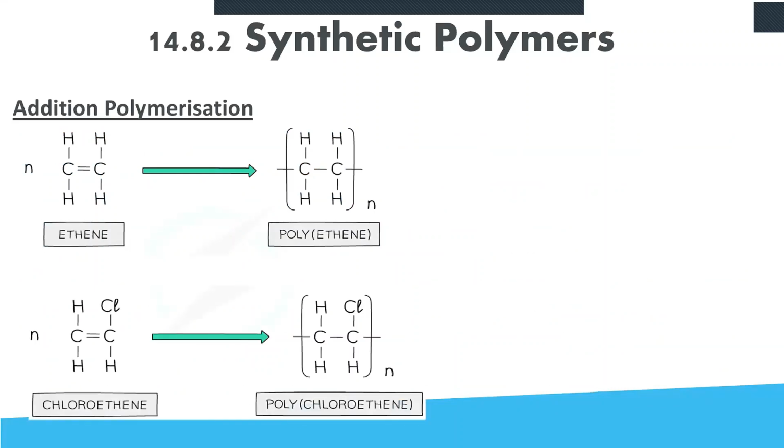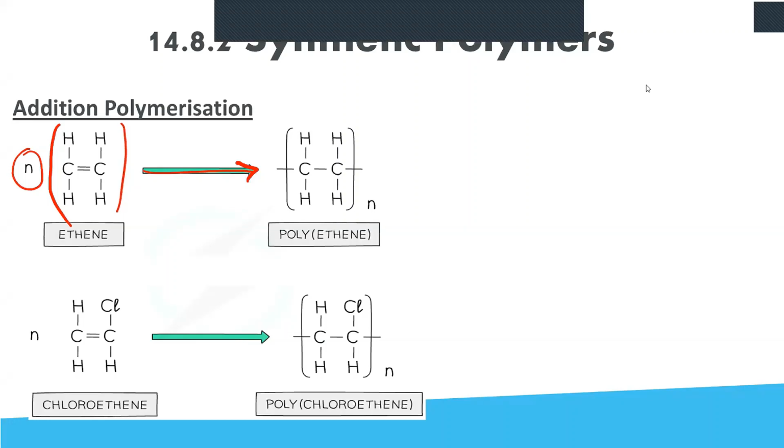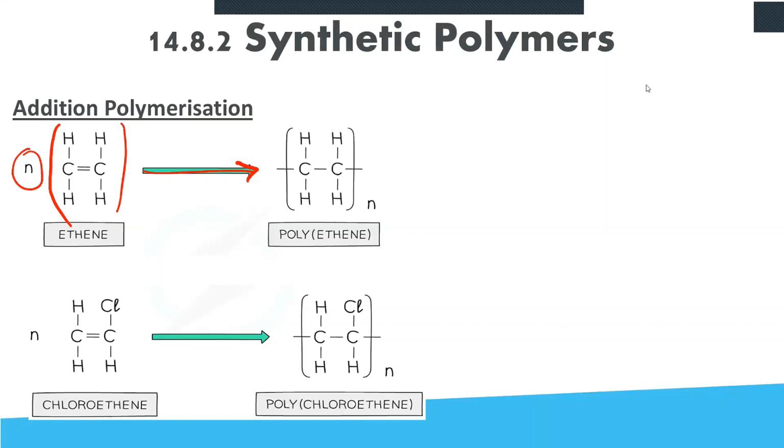If you are asked to write an equation for the addition polymerization of ethene, what we do is mention N in front of the alkene structure, then an arrow, then the structure of the polymer: polyethene.